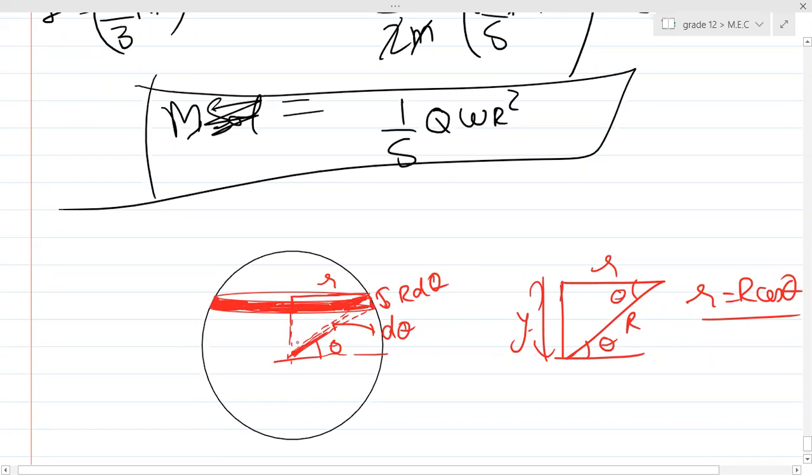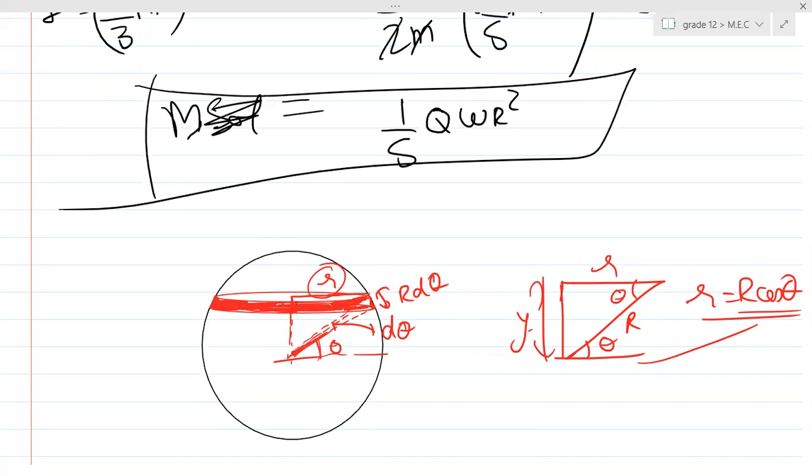Then you write small r in terms of capital R cos theta, and integrate from minus pi by 2 to plus pi by 2. Then you will get your answer. So the solid sphere part, the integration is a little bit difficult. Generally I don't explain it in class.